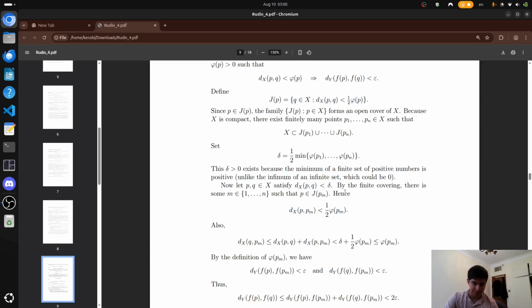Also, the distance d_X(q, pm) is less than or equal to d_X(p, q) plus d_X(p, pm), from the definition of the metric spaces. Distance d_X(p, q) is less than phi pm, and the distance of p to pm we said is less than 1/2 phi pm, right?